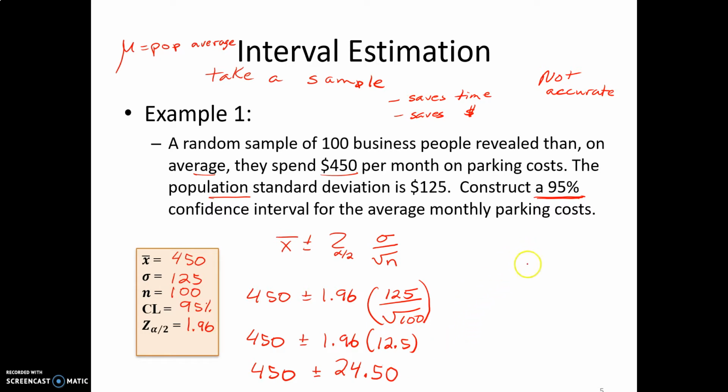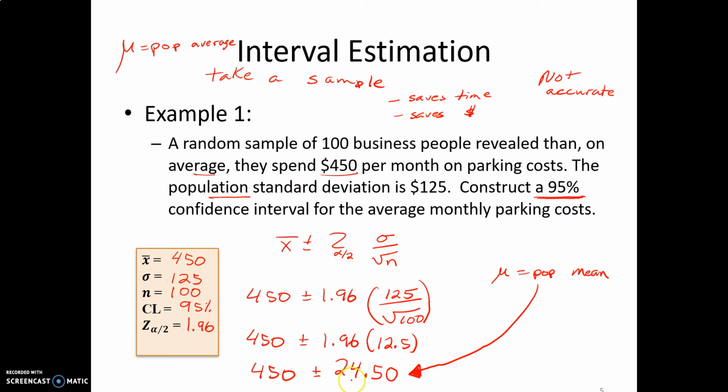So we are 95% confident that the population average is somewhere between this interval. The population mean most likely will not equal $450, but we're saying that it's somewhere within this range, 450 plus or minus 24.5. If we wanted to have a smaller interval, we would have to survey more people.